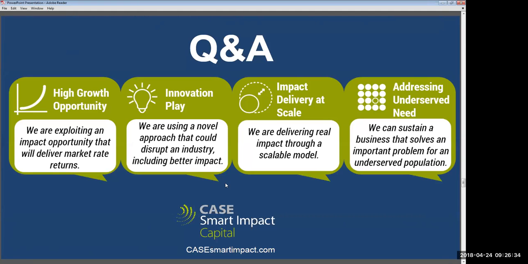As Nick said, the investors don't come with labels. They're often a little inconsistent themselves. But asking what the main points are that we would put into an impact delivery at scale story, and having that in your back pocket, and what the main points are that we would put into an innovation or an underserved story, and having that also in your back pocket, could be very useful to you in the moment to figure out what people need to hear.